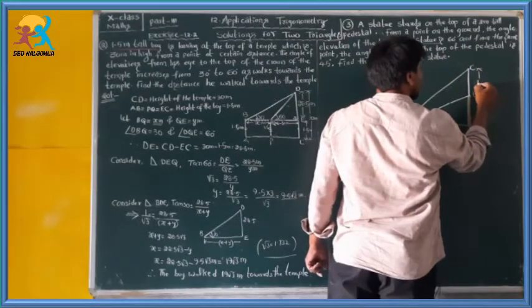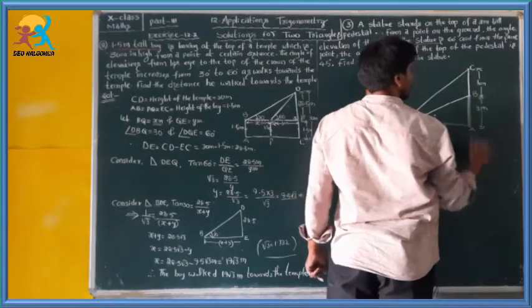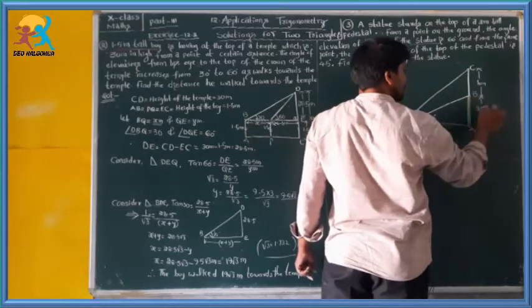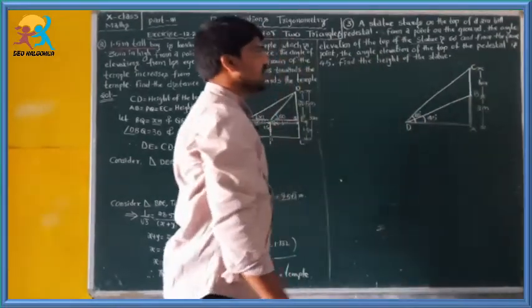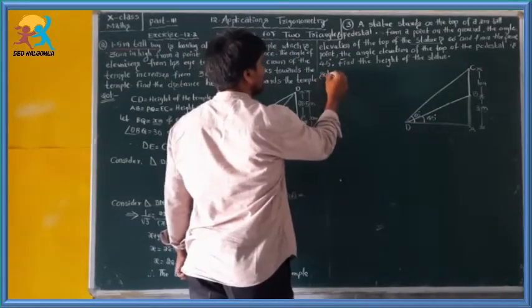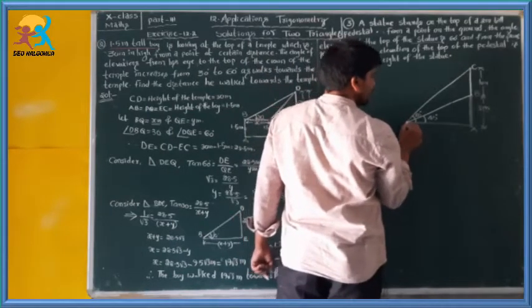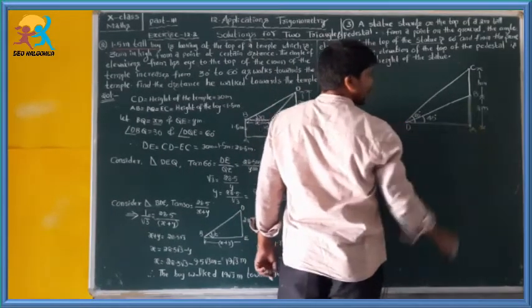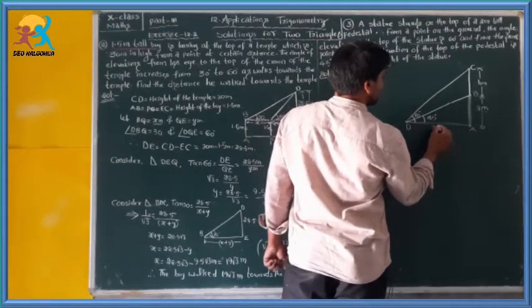Let us say h meters is the height of the statue. As the height of the pedestal is given in meters, let BC, the statue, equal h meters. Solution. The distance between the point of observation on the ground and the foot of the pedestal is x meters.